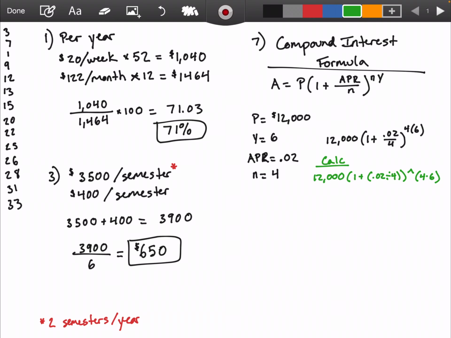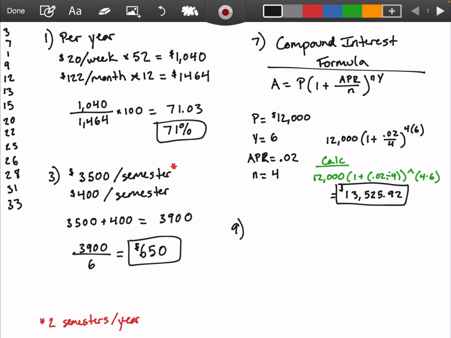Now I'm going to follow my own advice. Ta-da! 13,525.92. Well done. Hope you appreciate these positive affirmations that this program gives you.